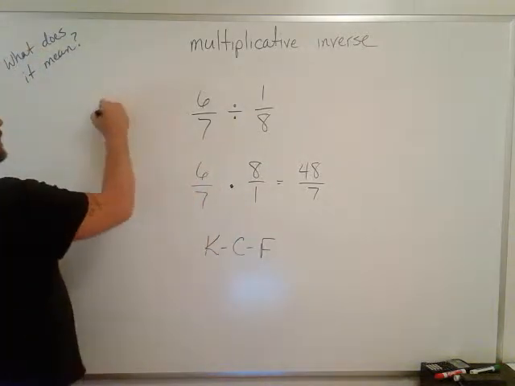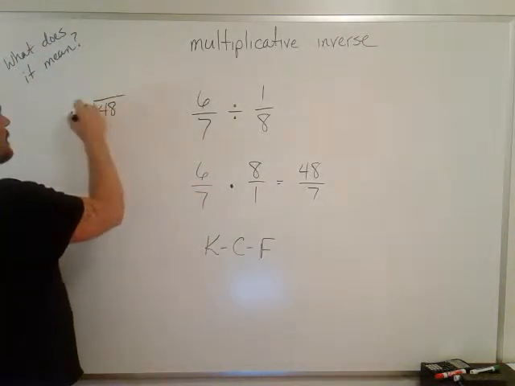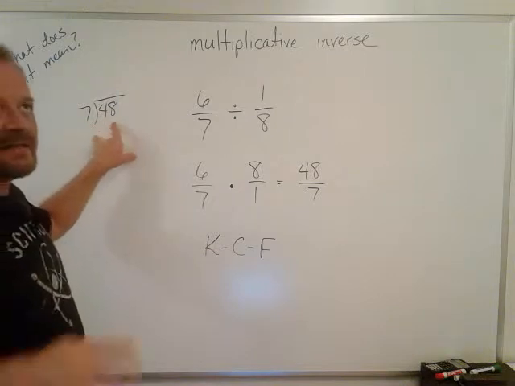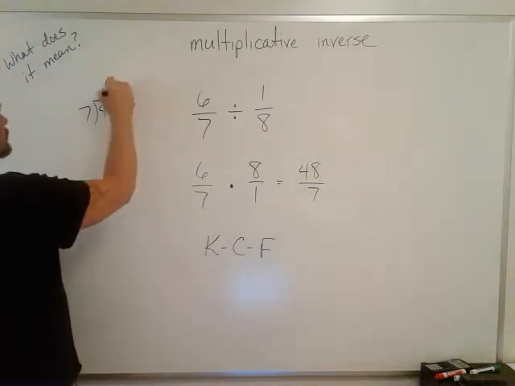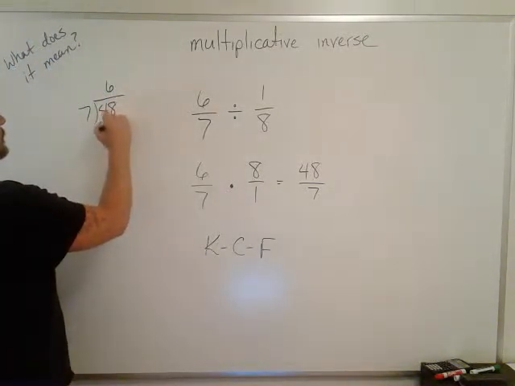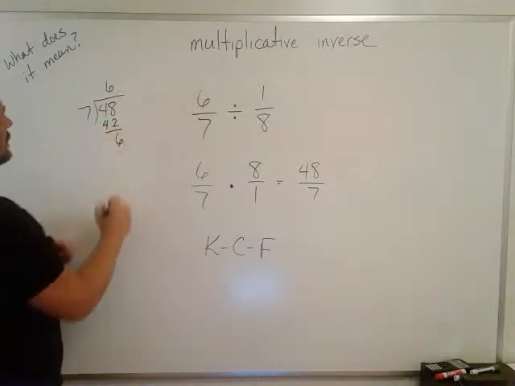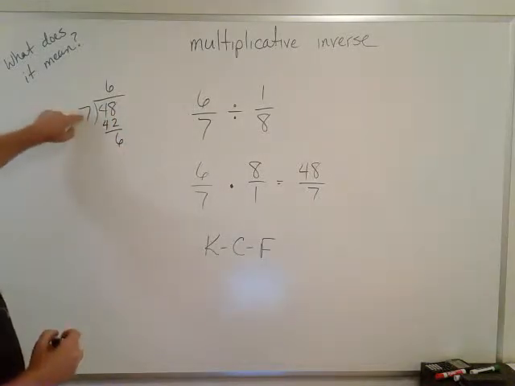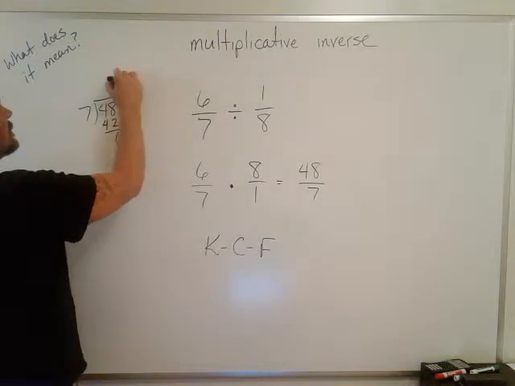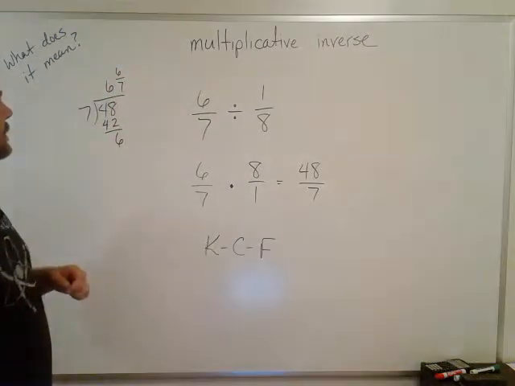So over here to the side, I'm going to put 48 divided by 7. I know 7 goes into 48 6 times, which is 42. Numerator, denominator, right?